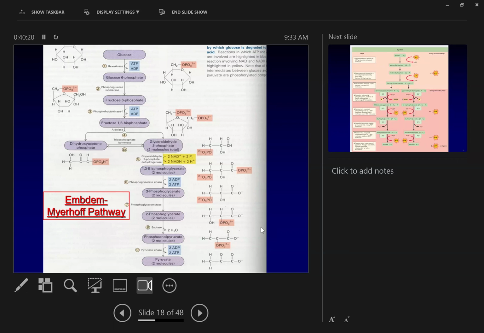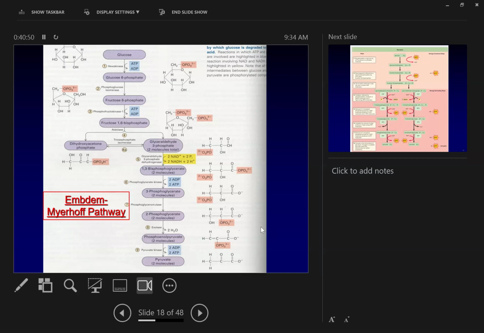As we do that, we're going to do something called a reduction reaction. As we change the molecular shape, the biochemical structure, as we switch between these different molecules, we are going to steal some electrons. When you pull electrons off of something and hook them onto something else, we call that a reduction reaction.